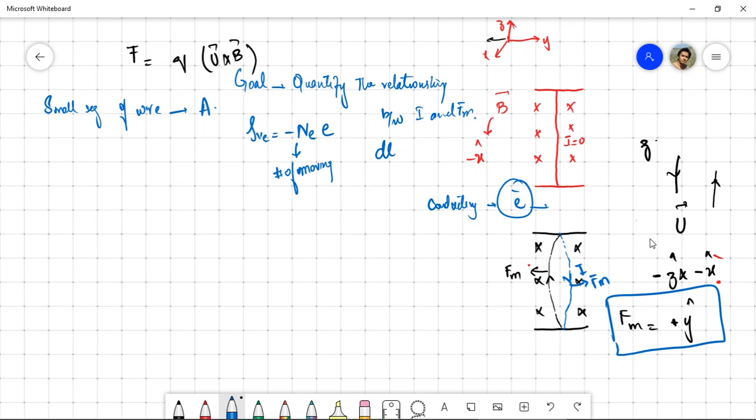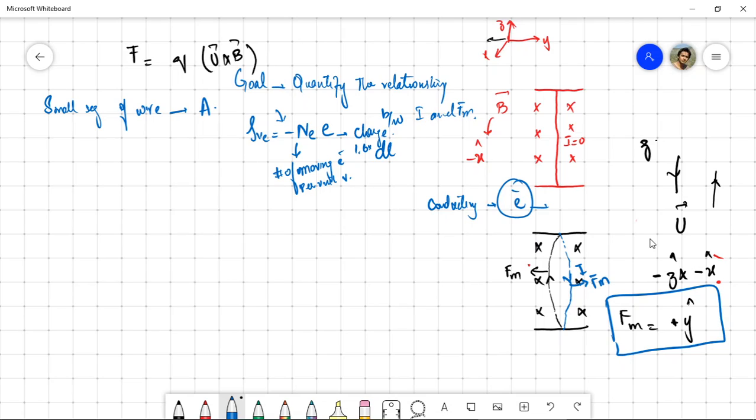Reflecting back, it is the number of moving electrons per unit volume, and e is the charge on an electron, positive 1.6 times 10 to the power minus 19. The negative sign depicts the electronic nature of the charge. So the charge density will be minus Ne e, where Ne is the number of moving electrons per unit volume.